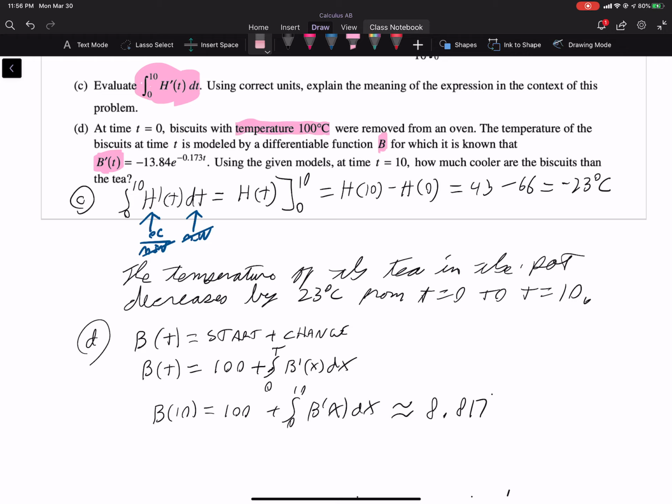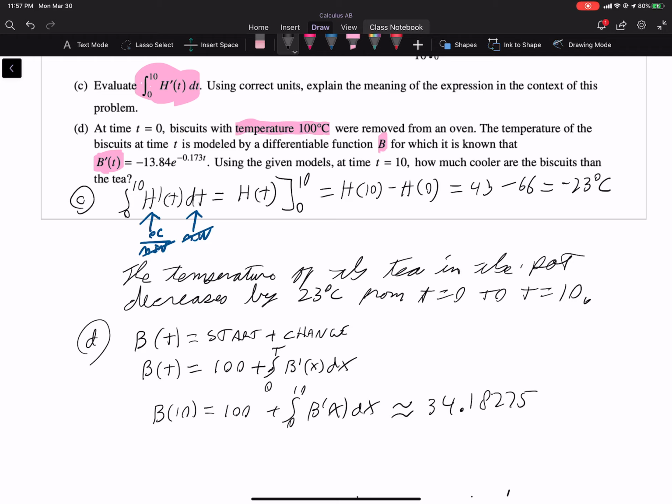No, liar, liar, pants on fire. I just lied to you. That's the actual difference in temperature. This on the calculator gets you 34.18275. So that's the temperature of the biscuits after 10 minutes.